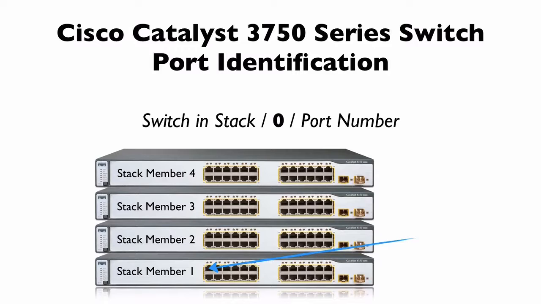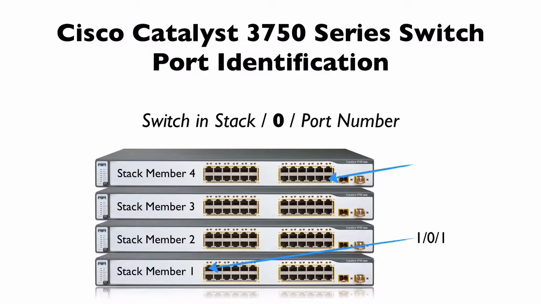We know that the second number is a 0, and it's port number 1 on that switch. That means that if we were administering this collection of switches as a stack, or even just that bottom switch independently, that port identifier would be 1, the stack member number, /0, because it's always 0, /1, the port number on that switch.